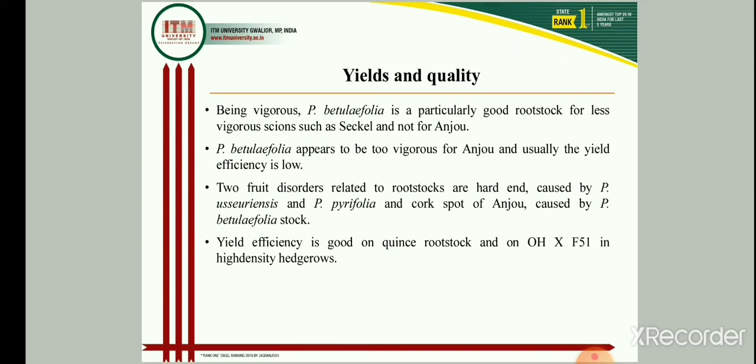So it is suitable for those scions which have a very poor growth tendency, like Sickle, but it is not good for Anjou, which has very good vigor. If you use both scion and stock as heavily vigorous, then obviously the plant will have a very heavy growth pattern and very poor yield.